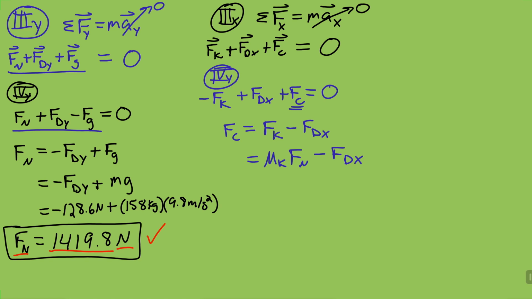So I know what these numbers are actually. Mu sub k was a number I was given, 0.200, and again, it's a little bit weird, but there's no units on that. F sub n, that's what we figured out back here. What's the normal force between the couch and the ground? 1419.8 newtons minus F sub dx.